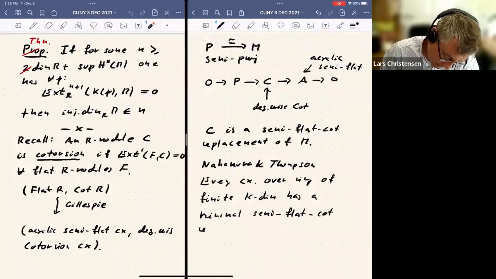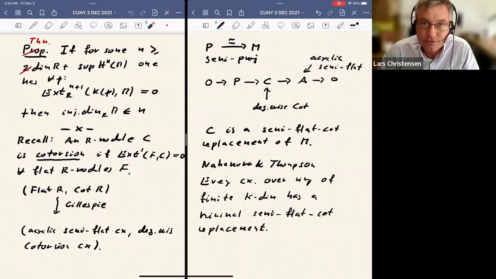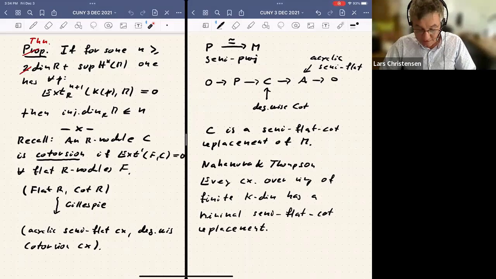Now, minimal here means that every homotopy equivalence from the complex to itself is an isomorphism. That's the usual notion of minimality in homological algebra. So that's what it means.